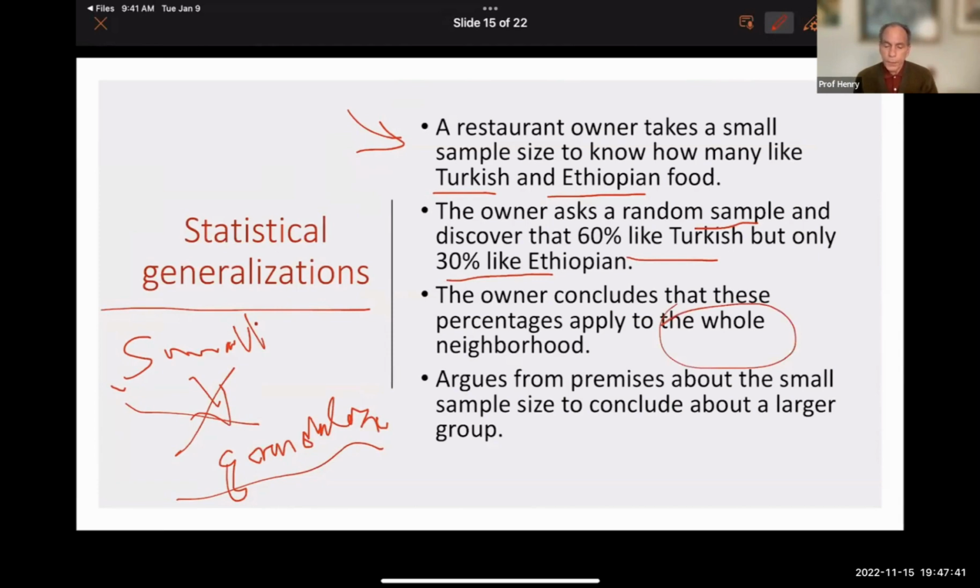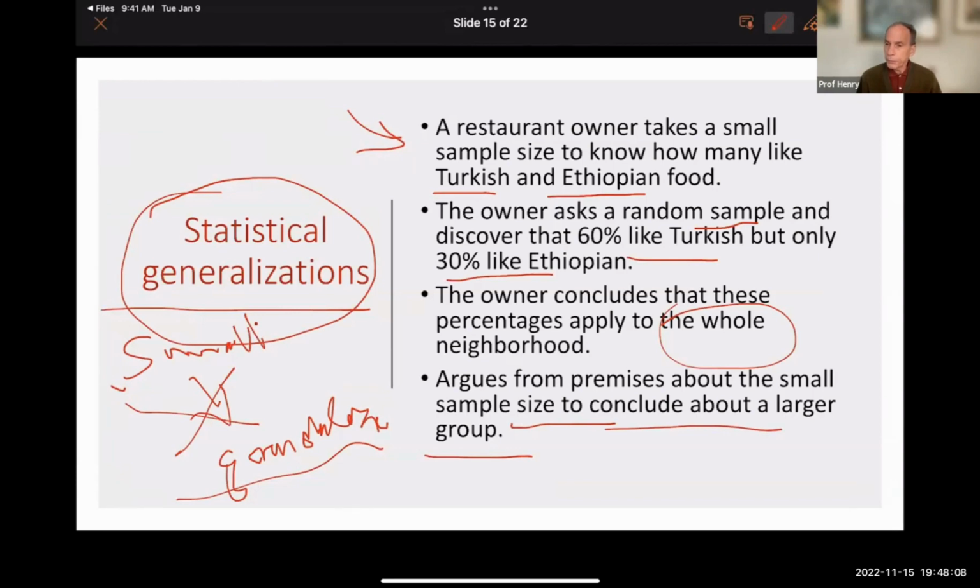So again, this is a type of inductive argument where you argue from a small sample to conclude about a larger group, okay? And the strength of that argument depends on the strength of your sample size.